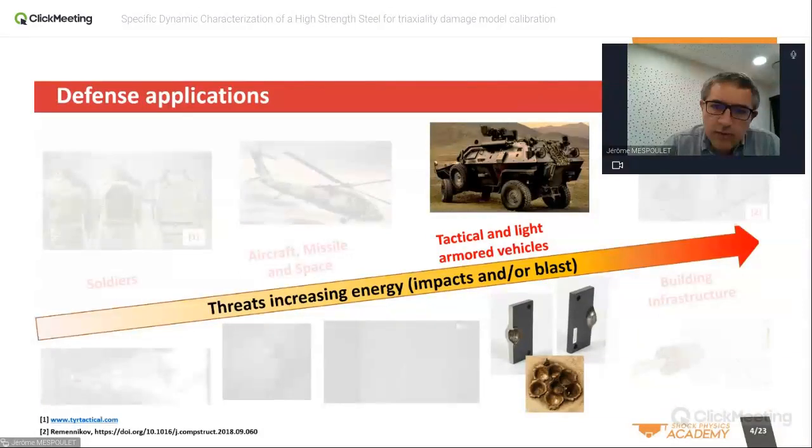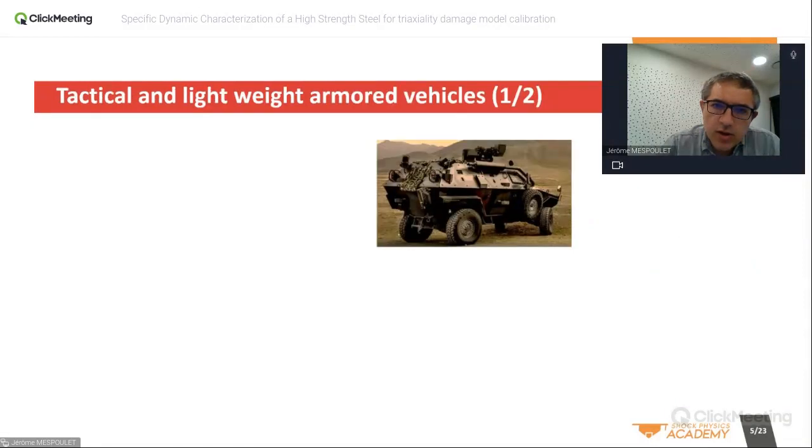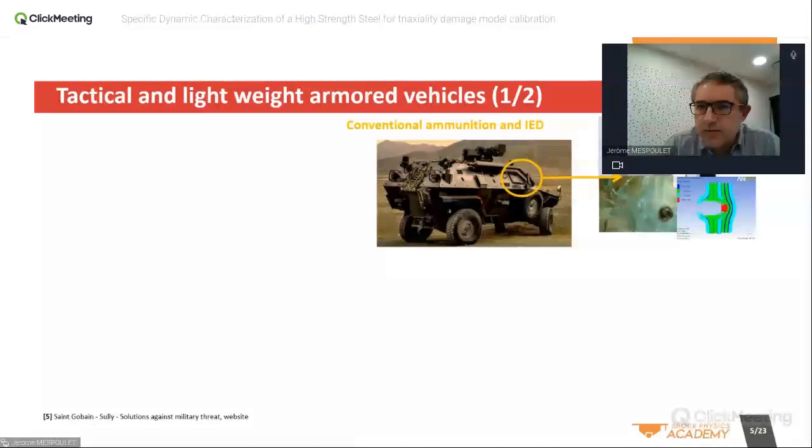So today we're going to focus more on tactical and light armor vehicles and on steels. If you consider a tactical or lightweight armor vehicle, you have various kinds of threats. You can have conventional ammunition and improvised explosive devices, IED. You have some pictures of examples on glass panels, so you can have some fragments.